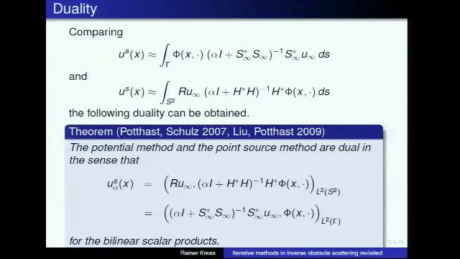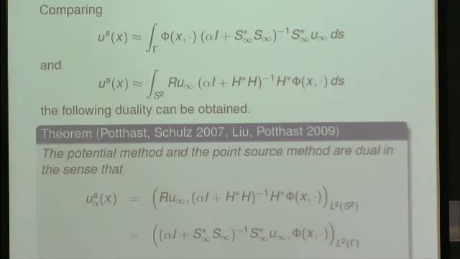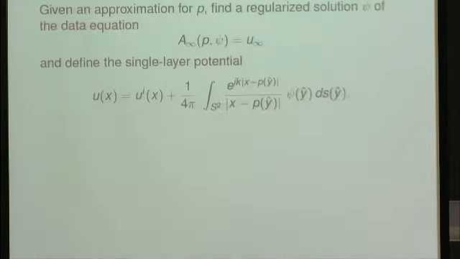This is a result preliminary by Potthast and Schulz, and more recently by Liu and Potthast. They are dual in the sense that one is just the dual of the other. So if we take the same gamma, we get the same result. This is what I find very interesting, and it gives a new insight into the methods.